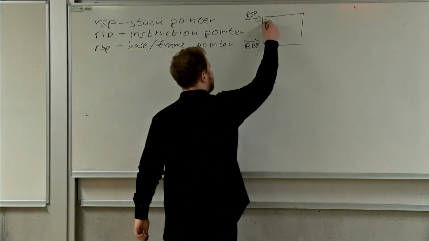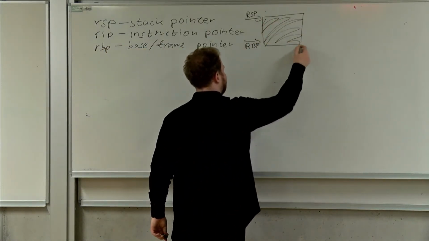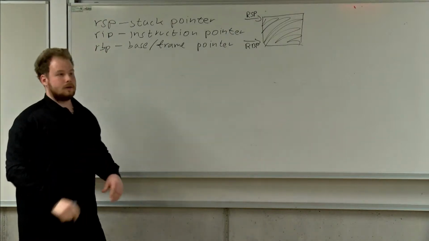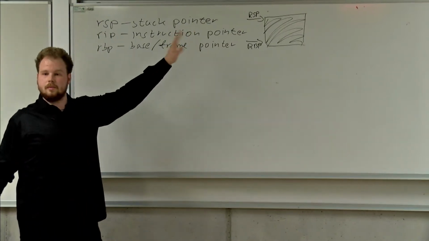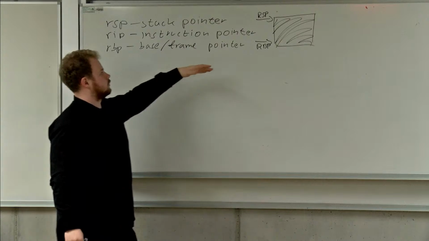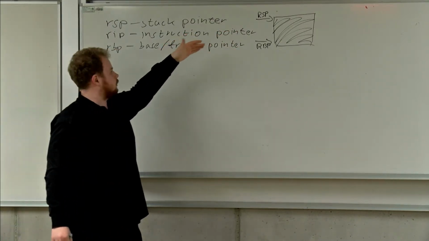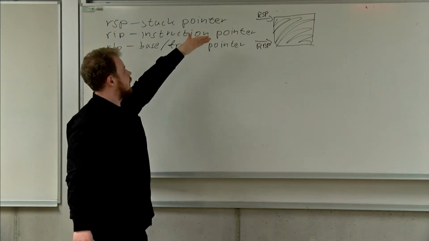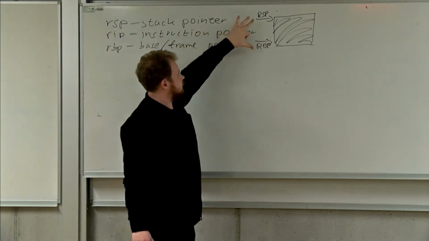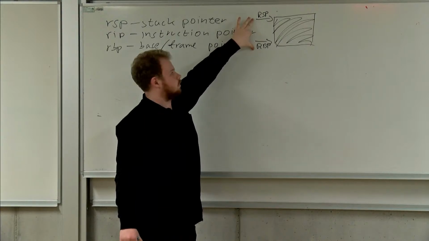And this thing between them, it's a stack frame. RSP and RBP, so stack pointer and base pointer, will change frequently. So the stack will grow larger and larger, and also it will dissipate. But we can always find the current stack frame if we look at these two pointers.